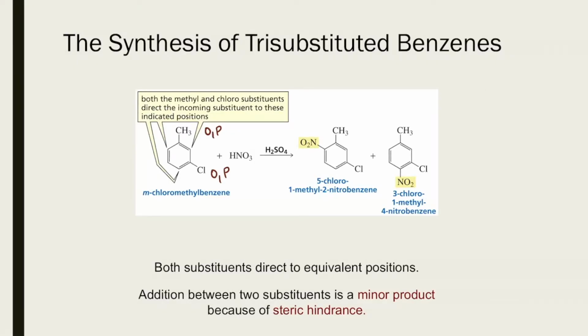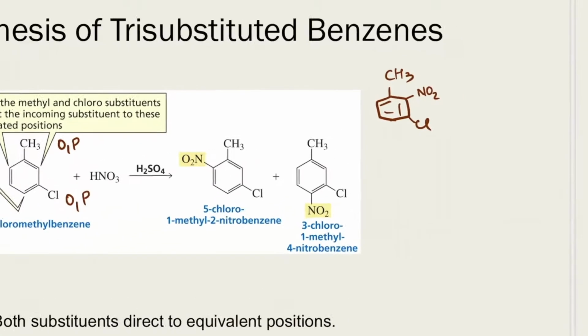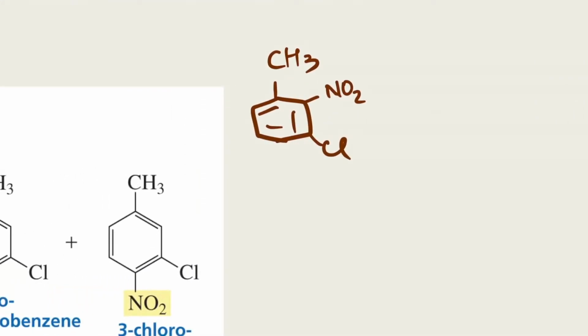When the methyl group has its effect, it's going to put the nitro group in the ortho position. So here are the ortho positions, and here is the para position. So we are going to fill these places with an electrophile.